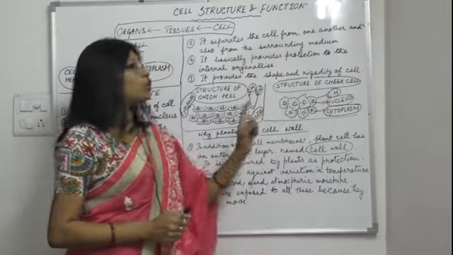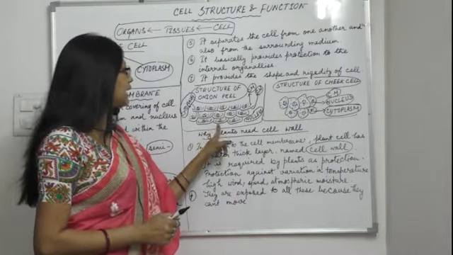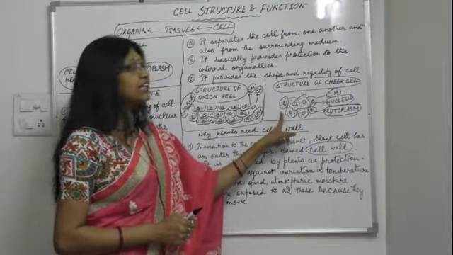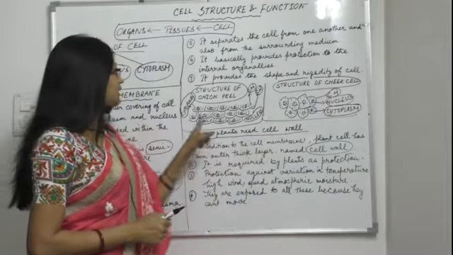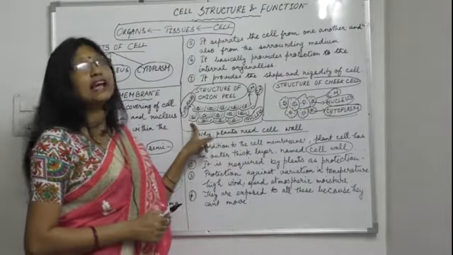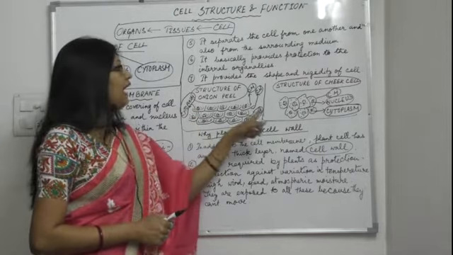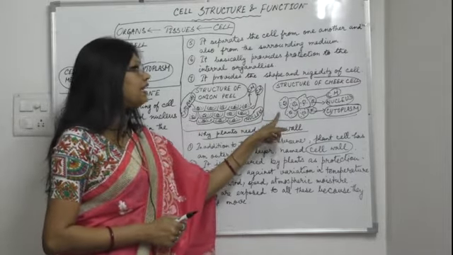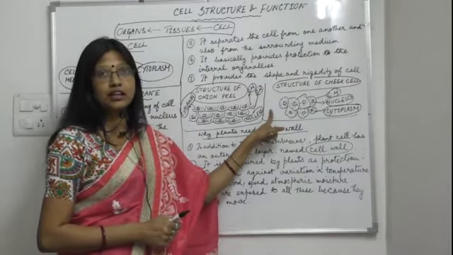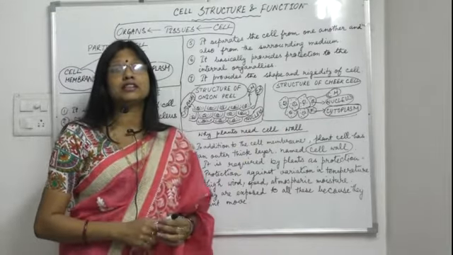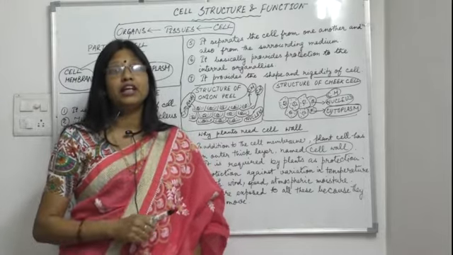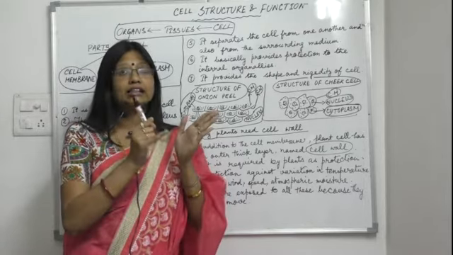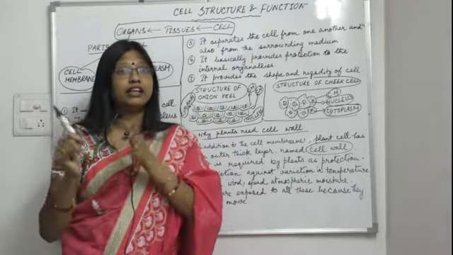So this is the onion peel cell and this is the human cheek cell. You will clearly understand that the onion peel cell is a plant cell and the human cheek cell is an animal cell. But when you discuss the cell membrane, you should discuss plant cell and animal cell differently.